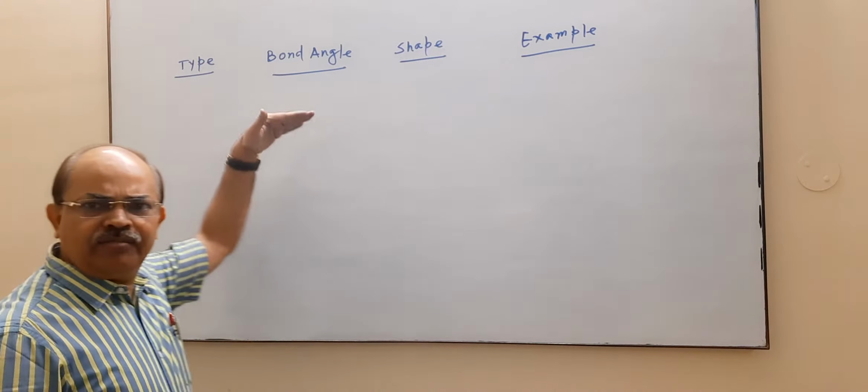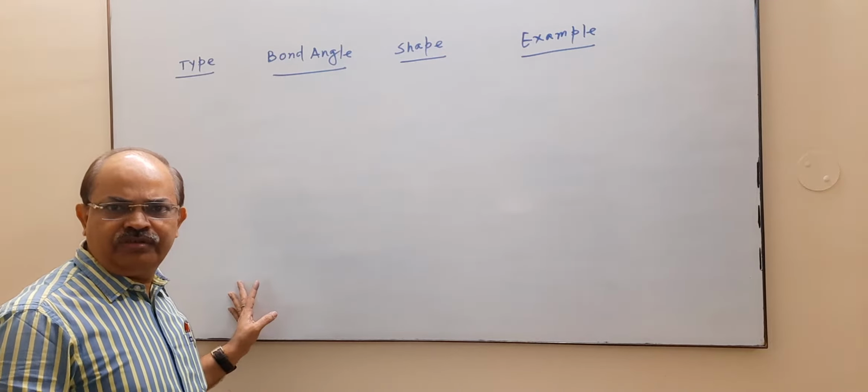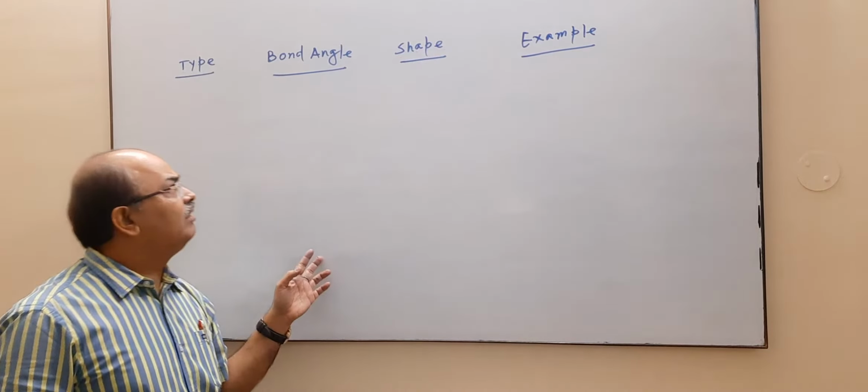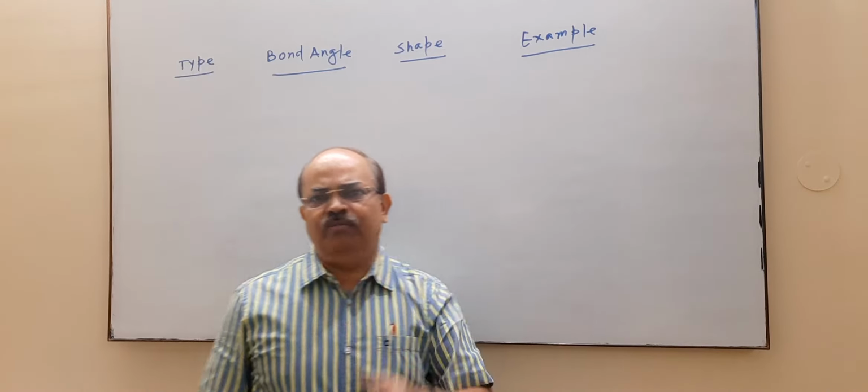So I have written a table: type of hybridization, second is bond angle, the third is shape, and the fourth is example.